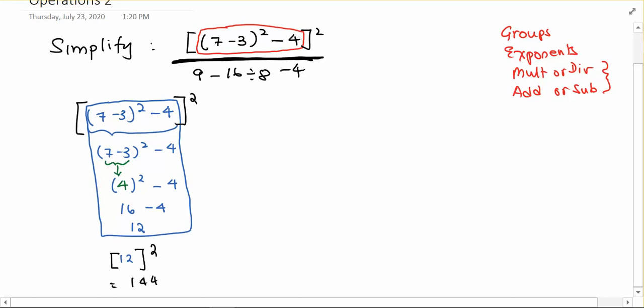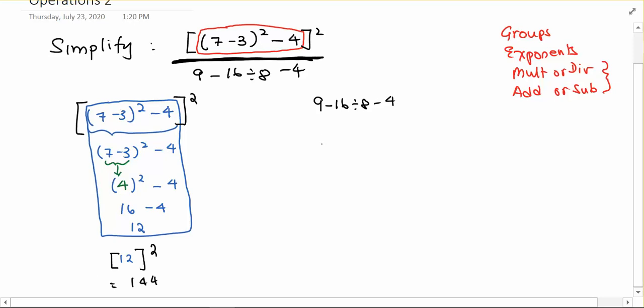Now I'm going to take the denominator and do the same thing. So the denominator is 9 minus 16 divided by 8 minus 4. And again, I ask myself, what does the order of operations tell me to do? It tells me to do the division first, because the choices are subtraction and divide.